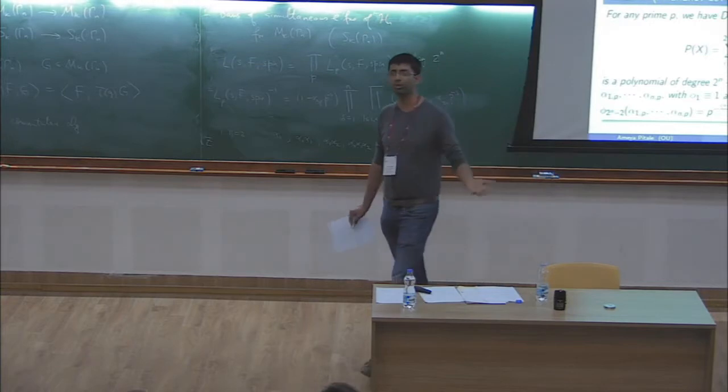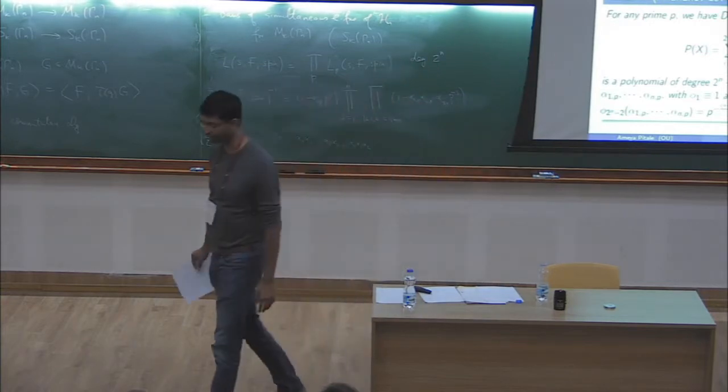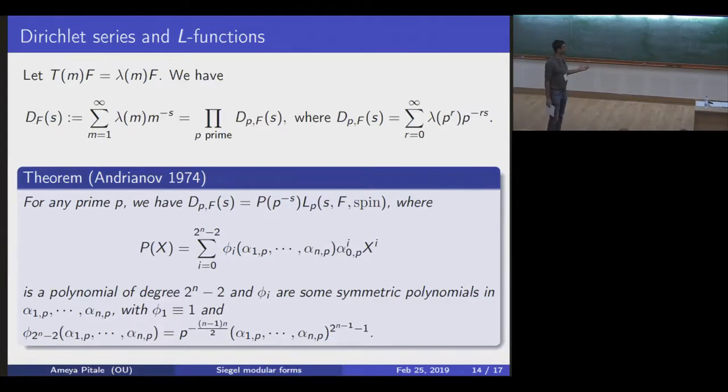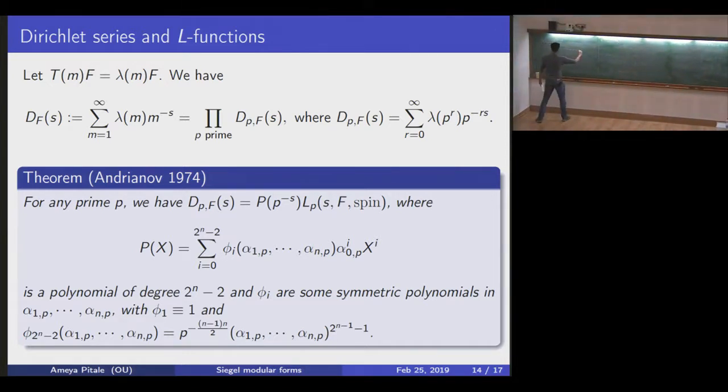You write it in terms of the Fourier coefficients, right? a_n over n^s. And in that case, there is no difference between the sum of a_n over n^s and lambda_m over m^s, because it's just up to a constant. In the case of Siegel modular forms, the relationship between the Fourier coefficients and the Hecke eigenvalues is much more complicated. So you have a formula of this kind.